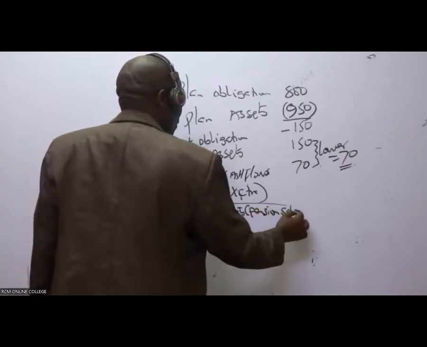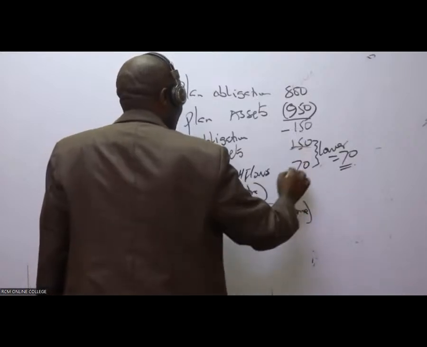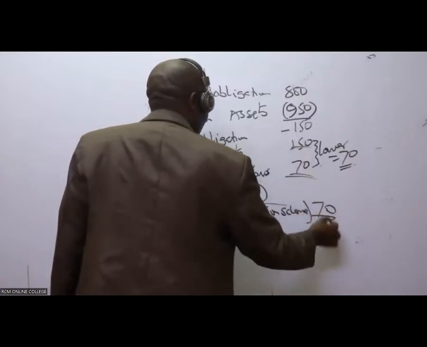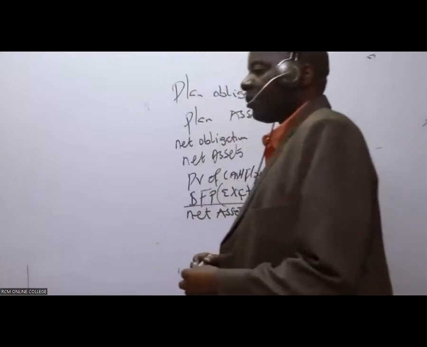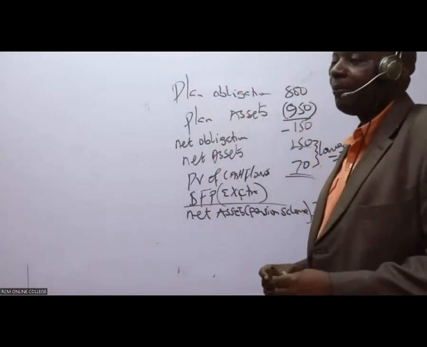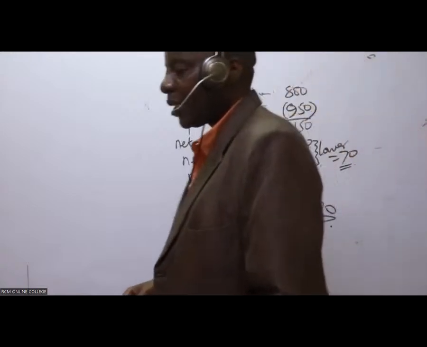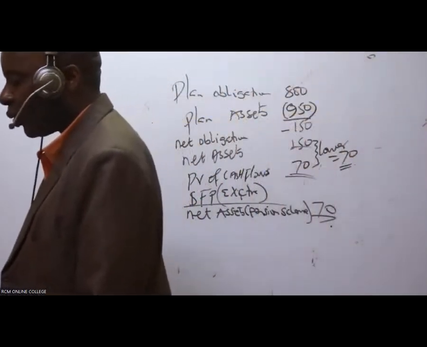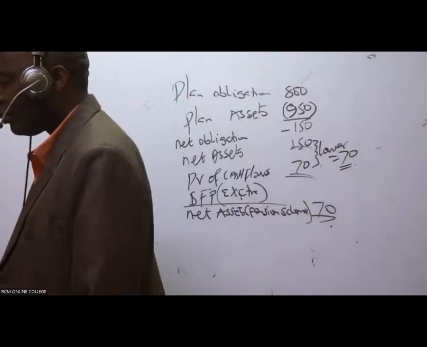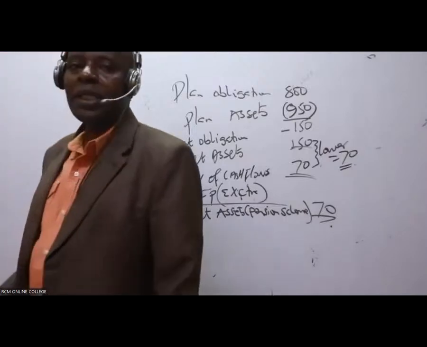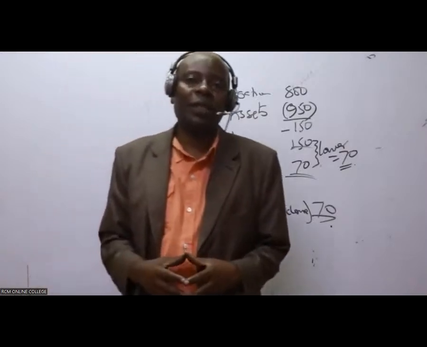Now you can't book 150 because there's a ceiling of what here? It is a ceiling of 70. That's what you book there. So that is it.